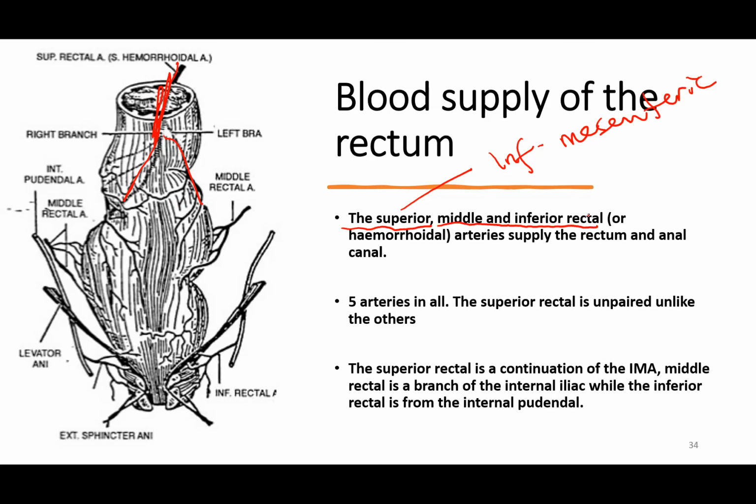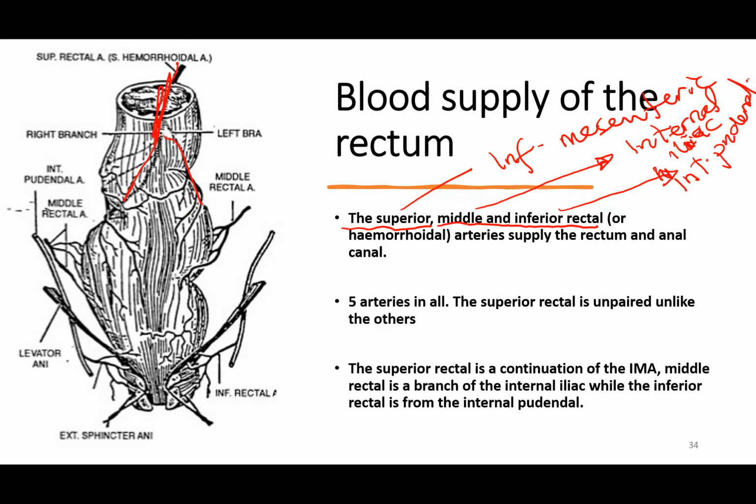All these branches, this middle rectal artery is a branch of the internal iliac. You remember the internal iliac in the pelvis? Then you have the inferior rectal artery, which is a branch of the internal pudendal.